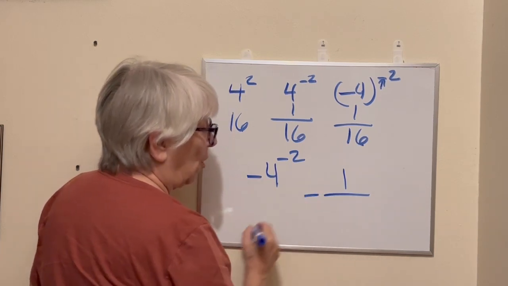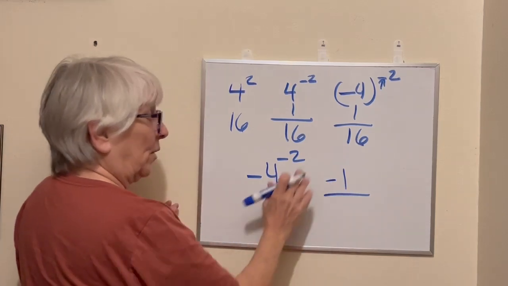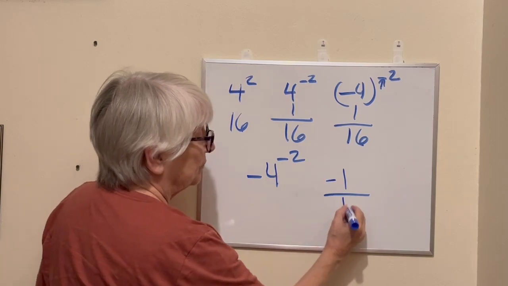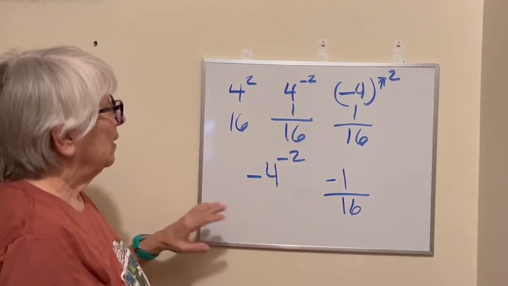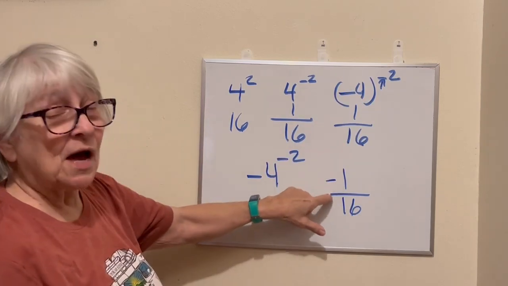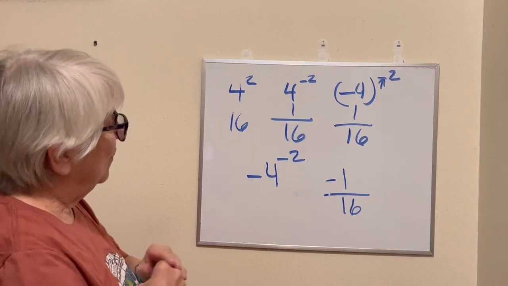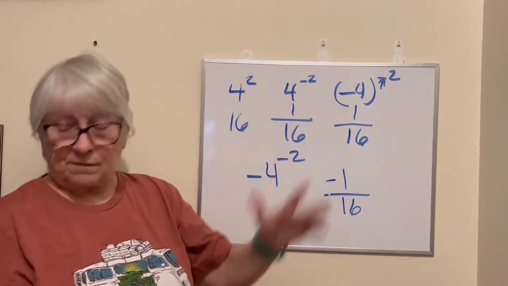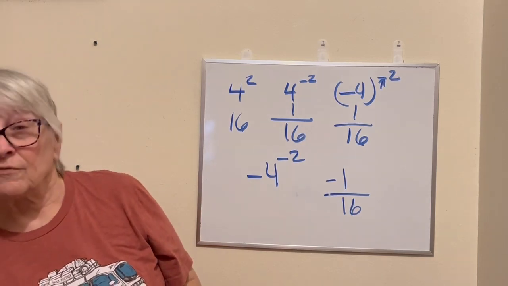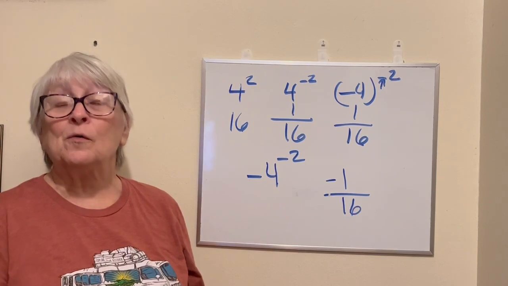It's really on the fraction, but you can write it up here, as long as it's just got one negative sign, it'll be fine. And 4 squared is 16. So this looks a lot like that, but the sign is different. This is a basic view of positive and negative exponents. It takes some practice to get used to, but you'll get it.